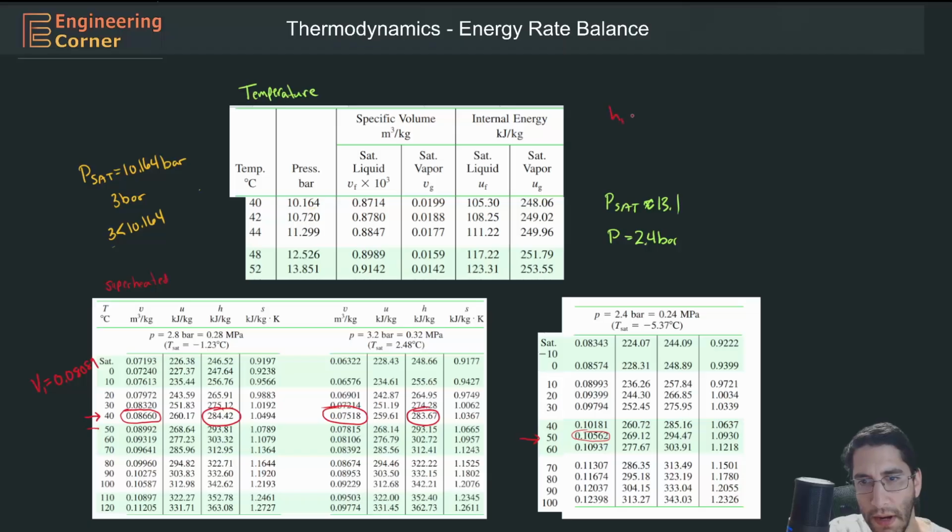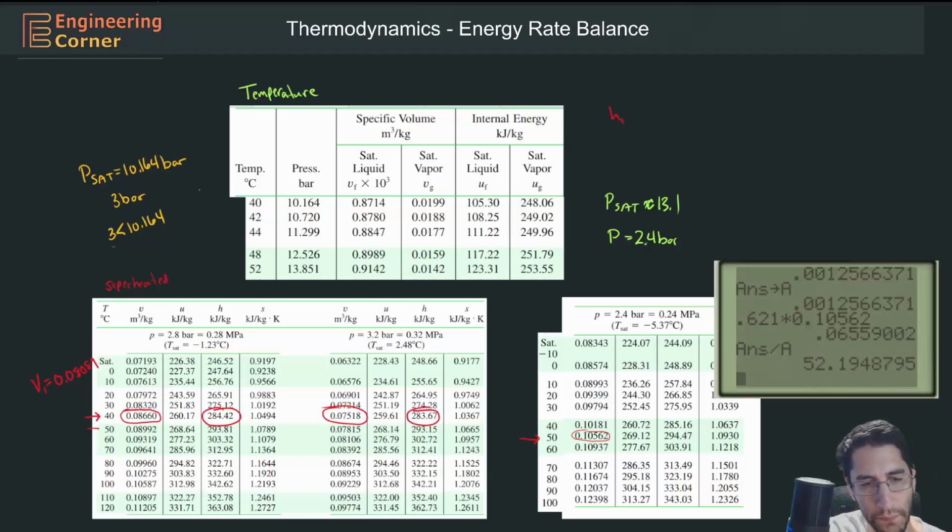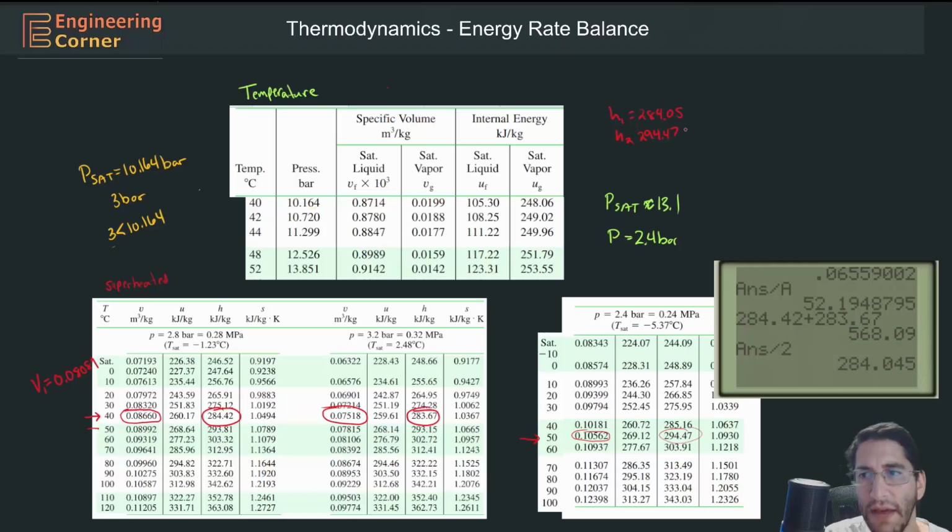I'll write it right here: h1 is 284.05. And h2 is going to be right here, 294.47.